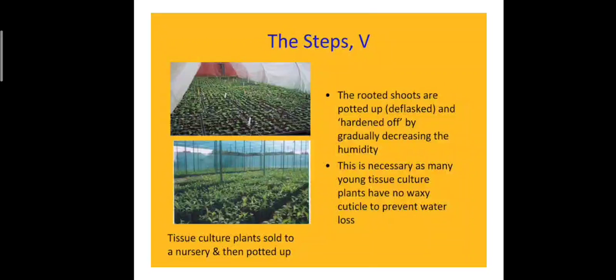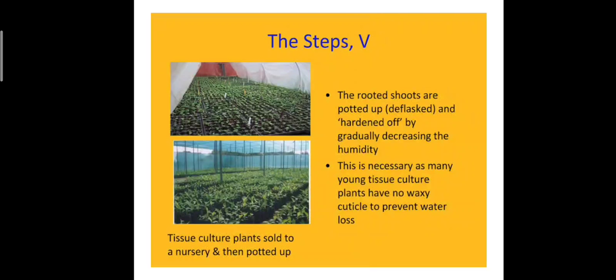In both cases, they are taken to a fresh medium after a 4 week period, and that process is called subculturing. Subculturing is essential because if we allow it to remain in the same culture vial, the nutrients will be depleted after a period of time, and metabolites which may be toxic to the plant will accumulate, ultimately leading to the death of the tissues.